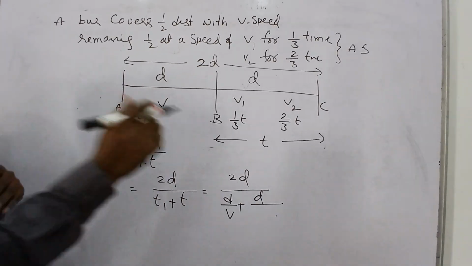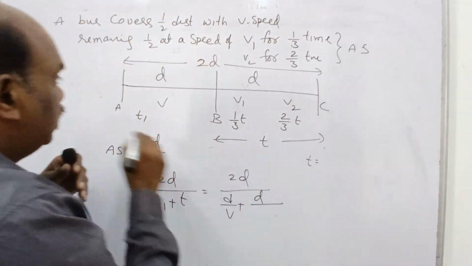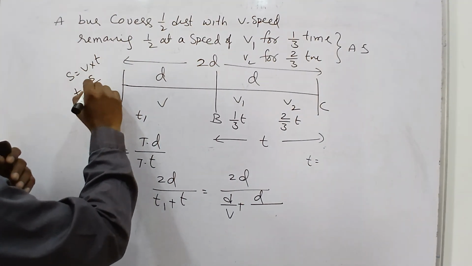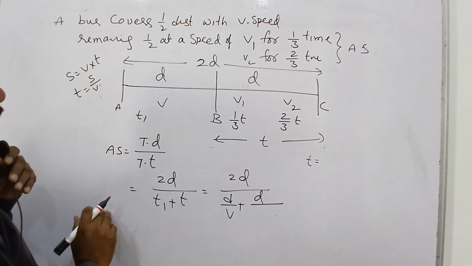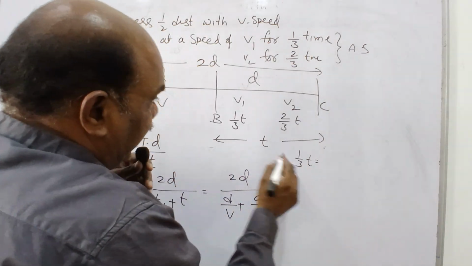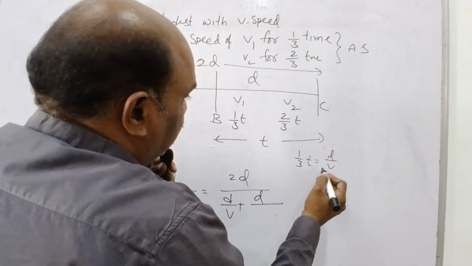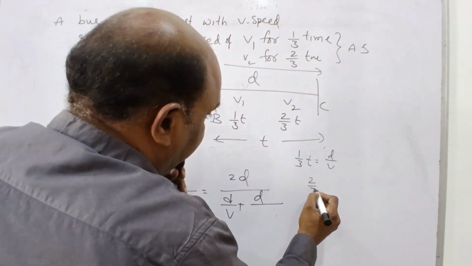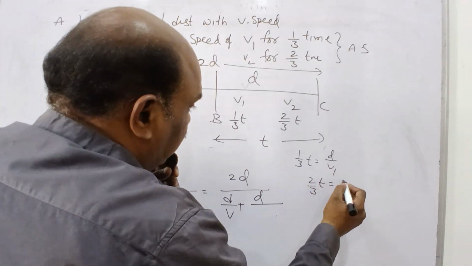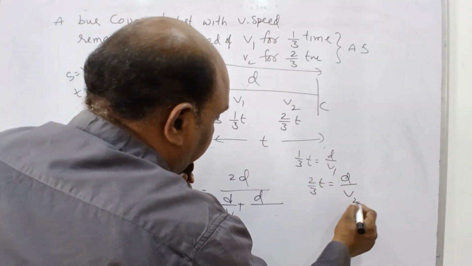See beta, here I will calculate this total time. Time is equal to what? Distance equals speed into time, time is equal to distance by speed. Now what is the time here? Time 1 by 3 t, time is equal to distance by speed, d by v1. This time 2 by 3 t is equal to d by v2.